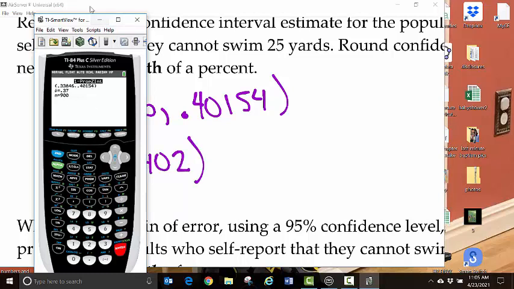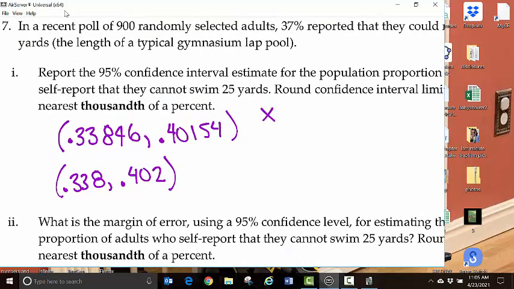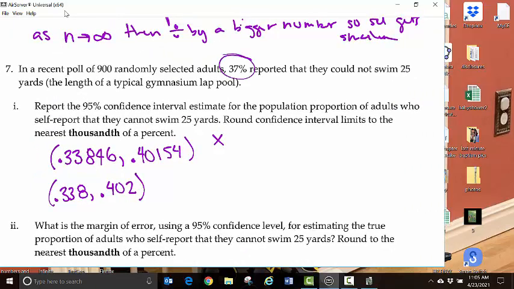So X is the number that said they couldn't do this, right? And that was 37%. So 37% of the 900 people surveyed. Okay.